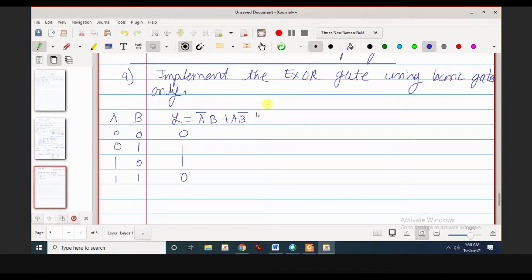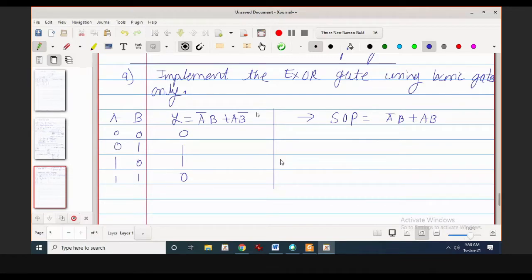So let us implement this now. To implement this particular thing, first I need to get the SOP equation. Already we are aware of the SOP equation. So my SOP equation for the given thing is A bar B plus A B bar.